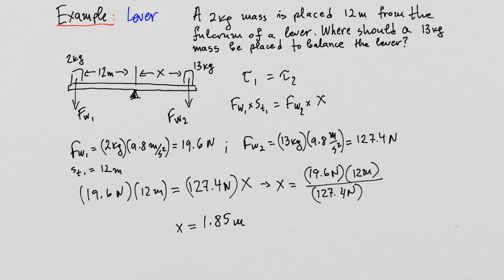And there is only one counterclockwise torque, and that is the torque due to the weight of the 2 kilogram mass, which tends to rotate the lever in the counterclockwise direction. And so the two torques are equal to each other. So this here is the second equilibrium condition.